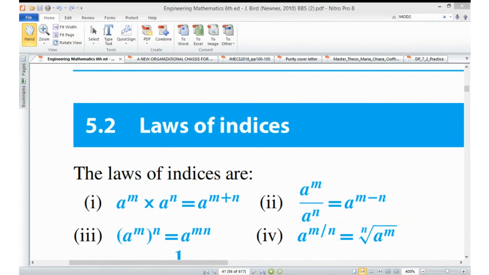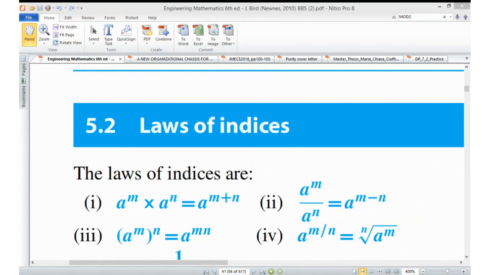If you look at our first rule of indices, we are saying we can translate multiplication to addition. When do we do that?